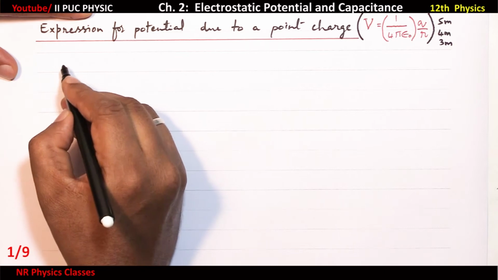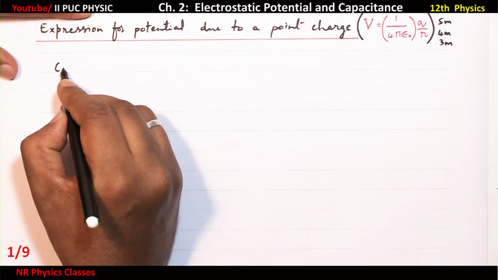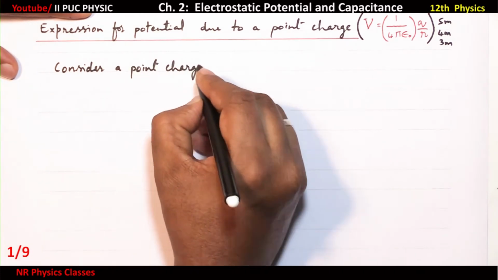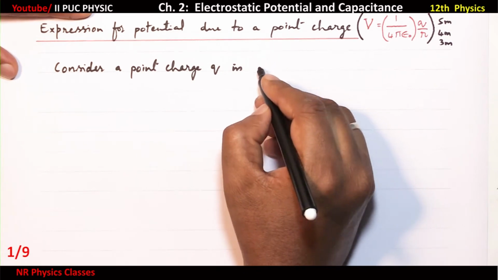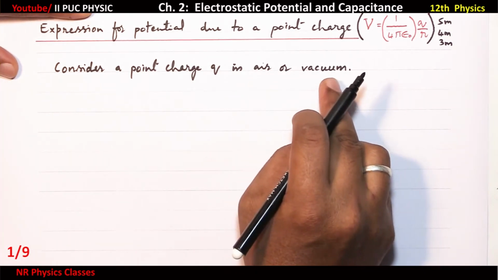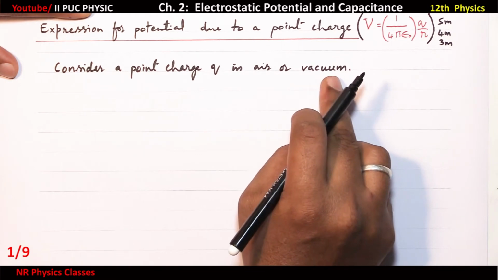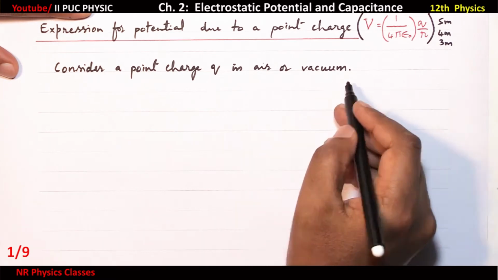Consider a point charge Q in air or vacuum. What is the reason for taking air or vacuum? We can eliminate epsilon r, meaning epsilon r can be taken as 1. Okay.